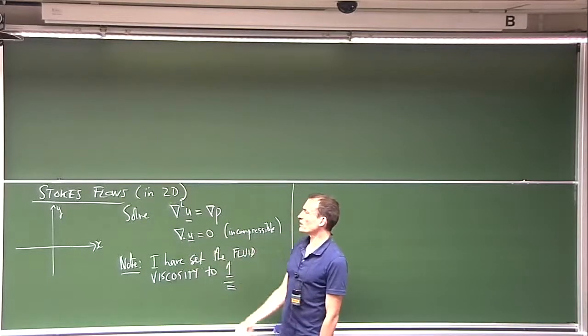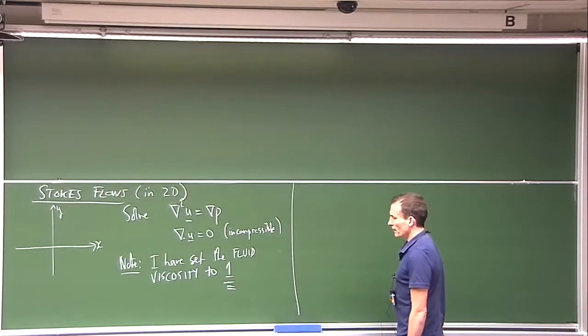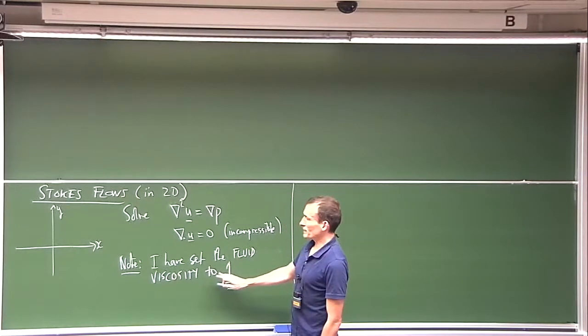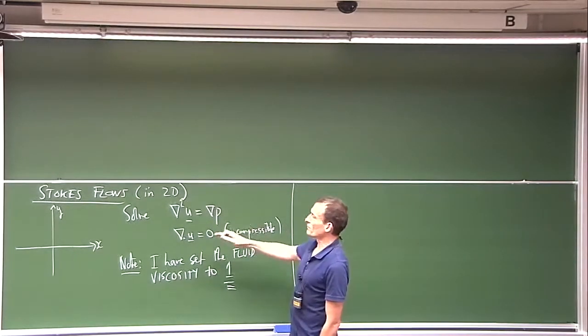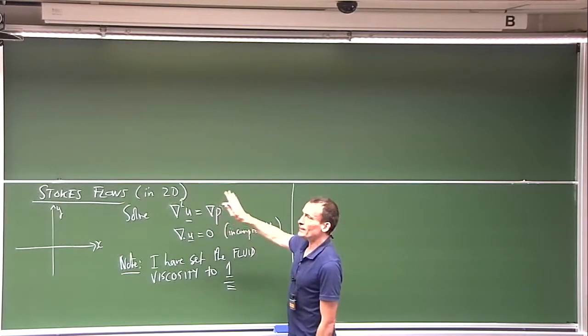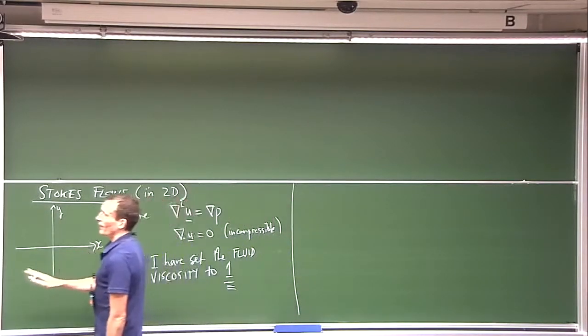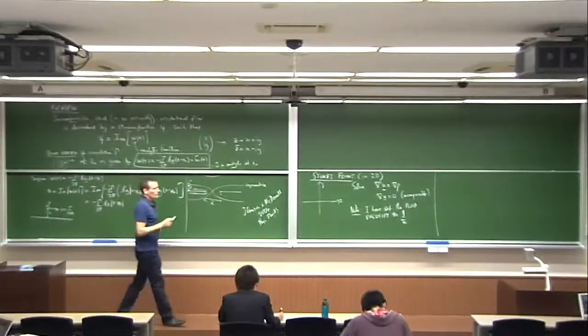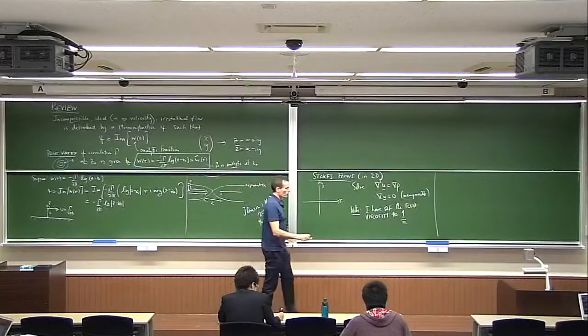But basically, I've set it to be equal to 1 because we can rescale things here. But don't forget, the reason I'm emphasizing this is that I don't want to have viscosities everywhere. This is an intrinsically viscous flow, whereas all of this was relevant in a completely different regime where the viscosity was infinite. That was zero, I mean, with no viscosity. So now we've got a very viscous flow.